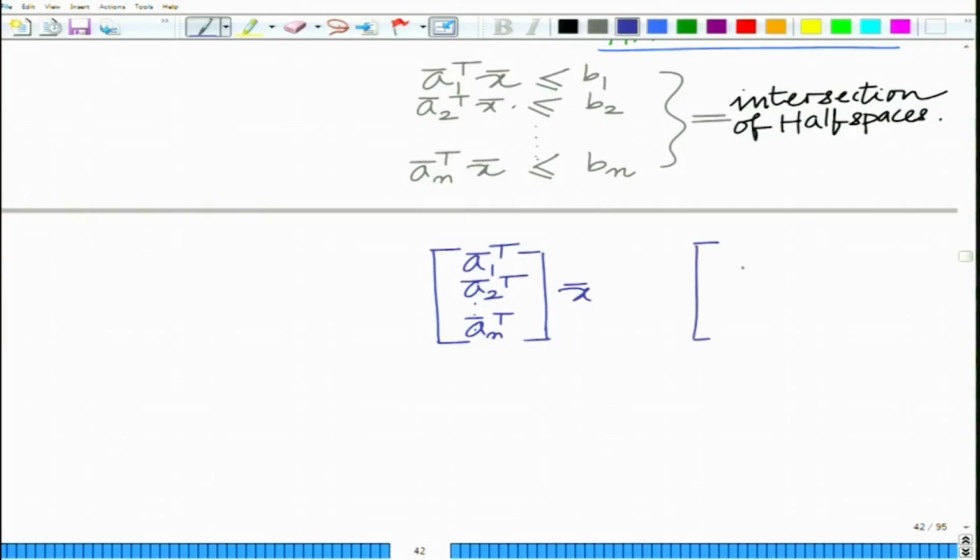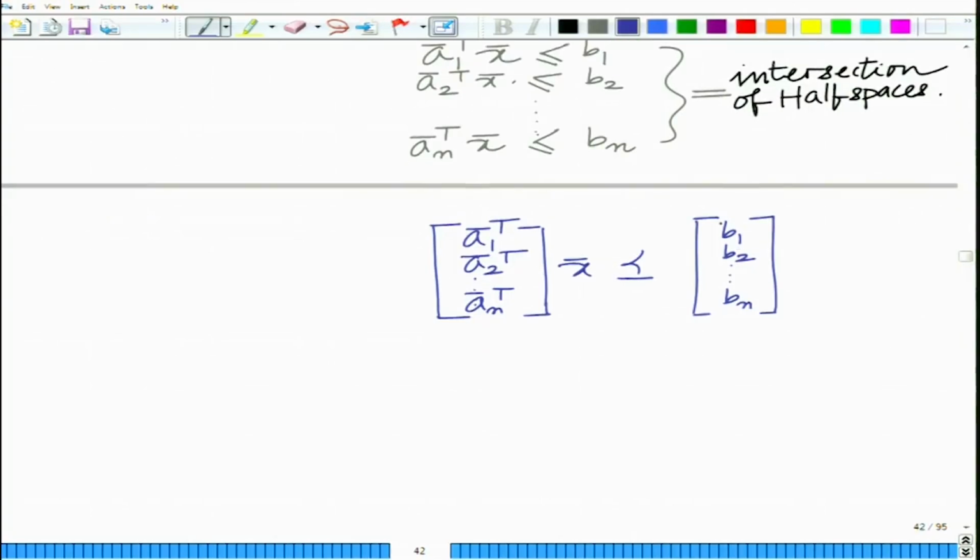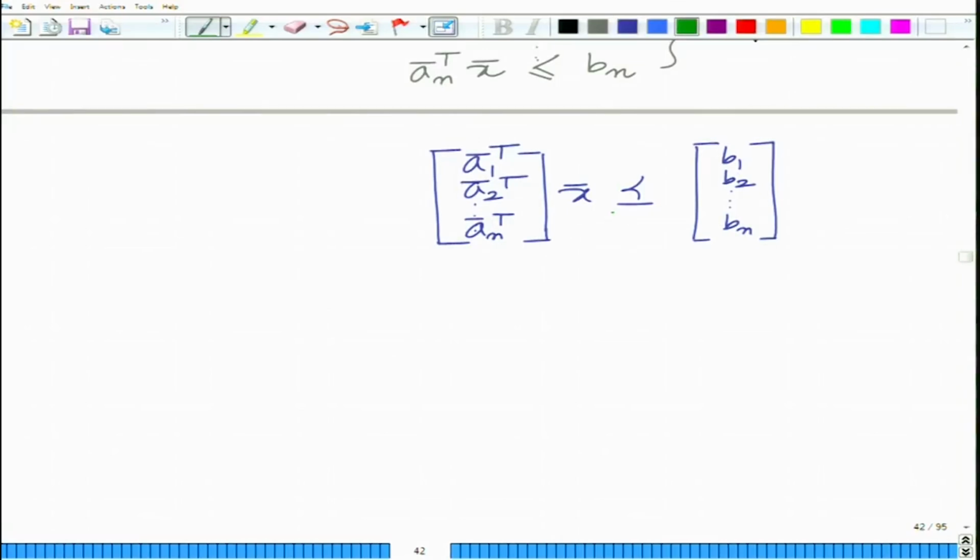Let me write the right hand side, B1, B2 up to Bn, and what I can use here is what is known as a component wise inequality, which means that A1 bar transpose x bar is less than B1, that is, each component on the left is less than each component on the right. So, this is known as a component wise inequality.